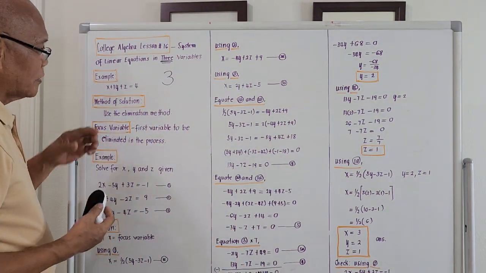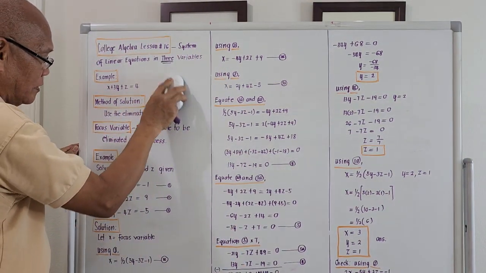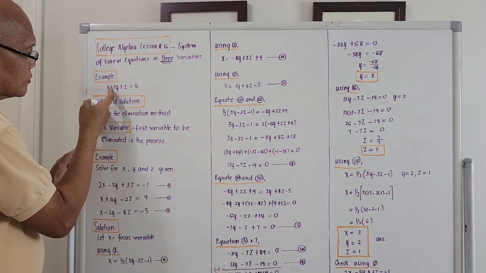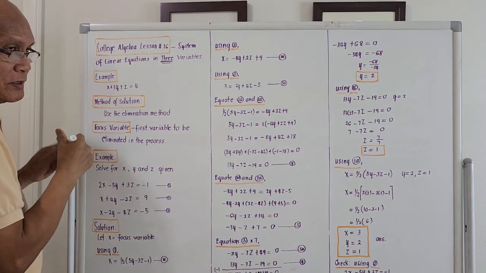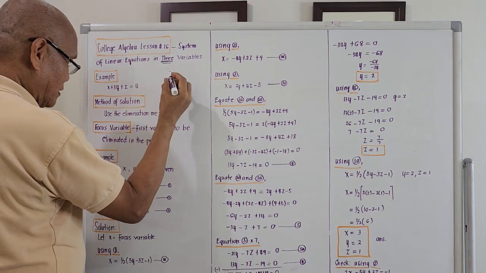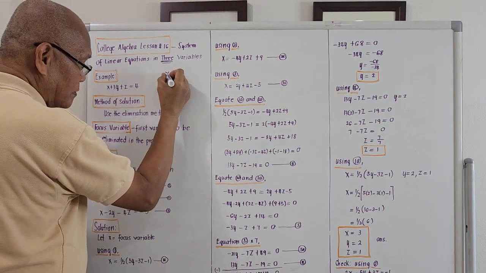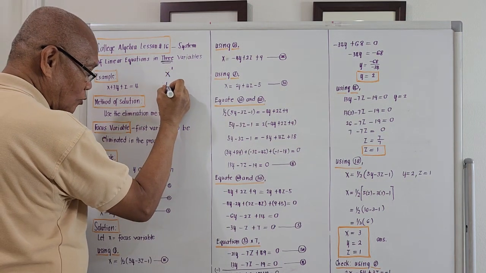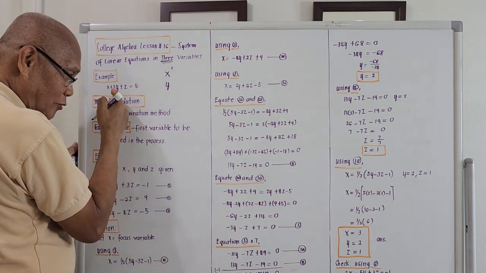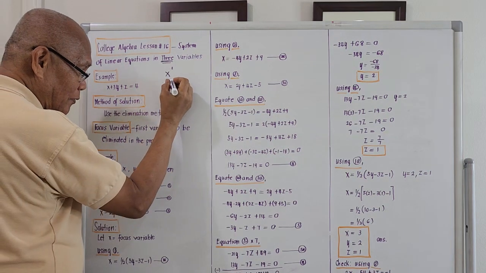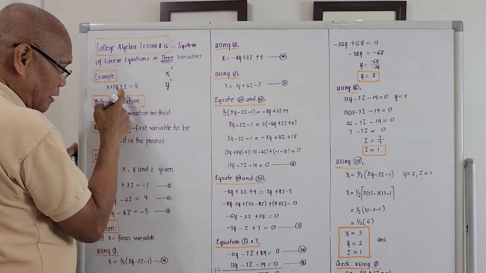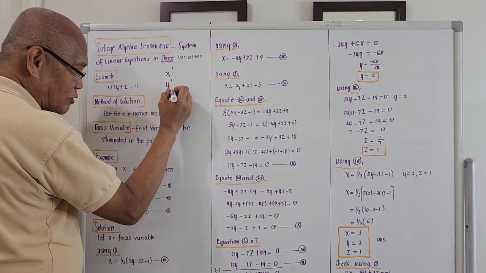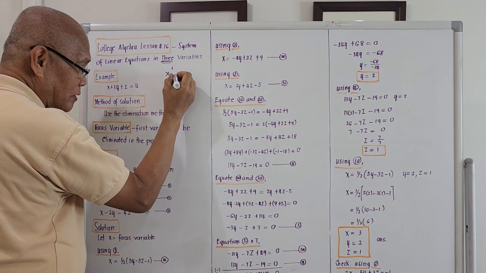It is a linear equation because all the powers of x, y, and z are actually 1. We got an x, the power is 1. We got a y variable in the equation, and the power is also 1. And we got a z variable, and also the power is 1.